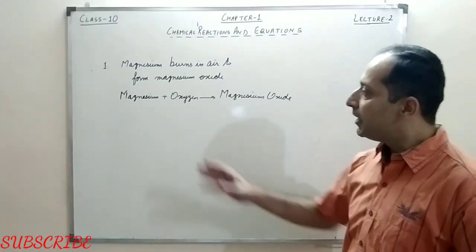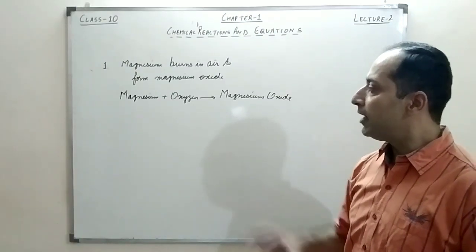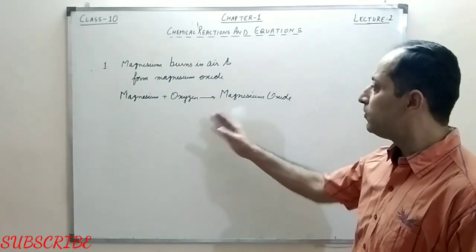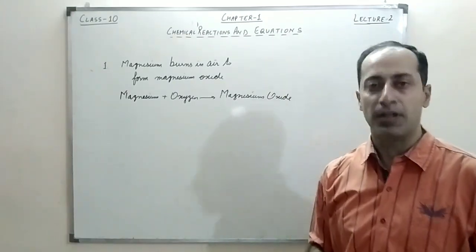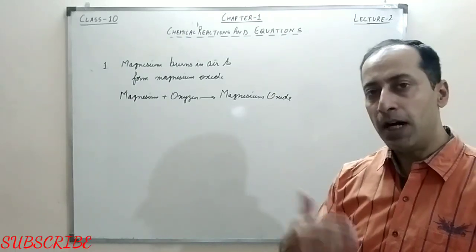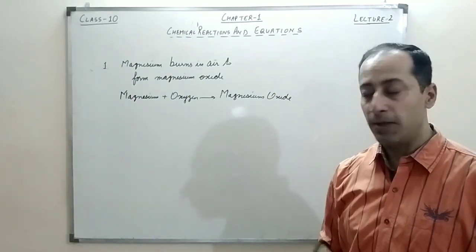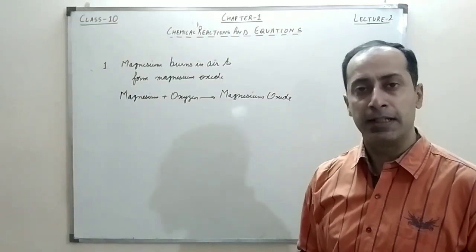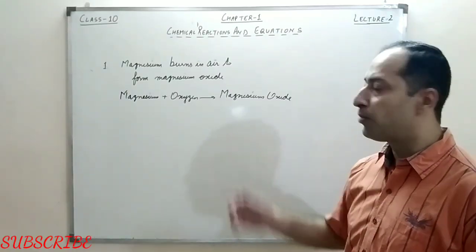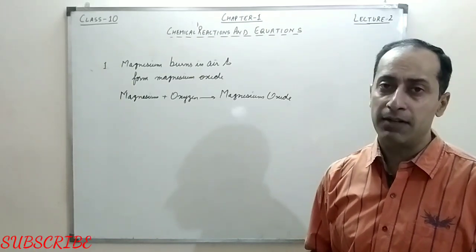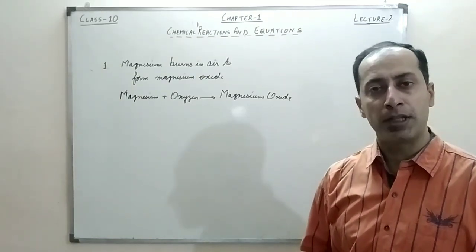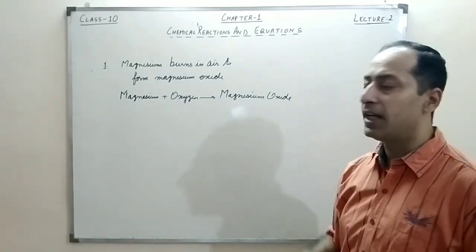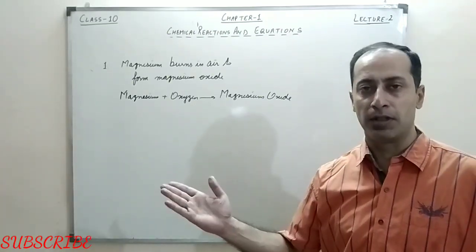Again I say, the things we have in the beginning are called reactants, and the things which are formed are called products. So now I will be talking about reactants and products only. In this reaction, the number of reactants was less and the number of products is also less. But if we have a bigger reaction, with more reactants and more products, this can become more cumbersome and longer.